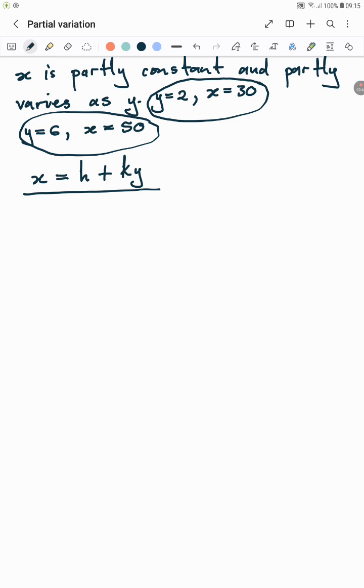So it says when x is equal to 30, y is equal to 2, and it says when x is equal to 50, y is equal to 6.